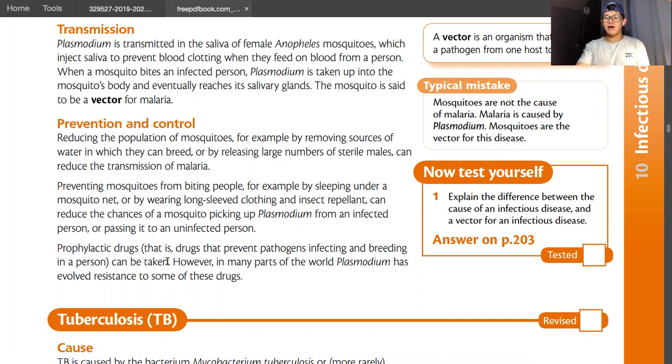So this is a type of drug to prevent the plasmodium from infecting your red blood cells. But the problem with this is some of the plasmodium species have actually developed resistance to this type of prophylactic drugs. So this is probably not the best option that you have.